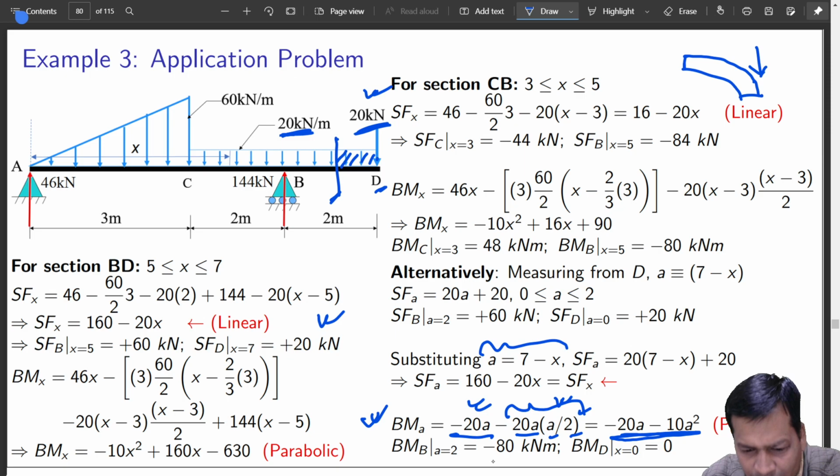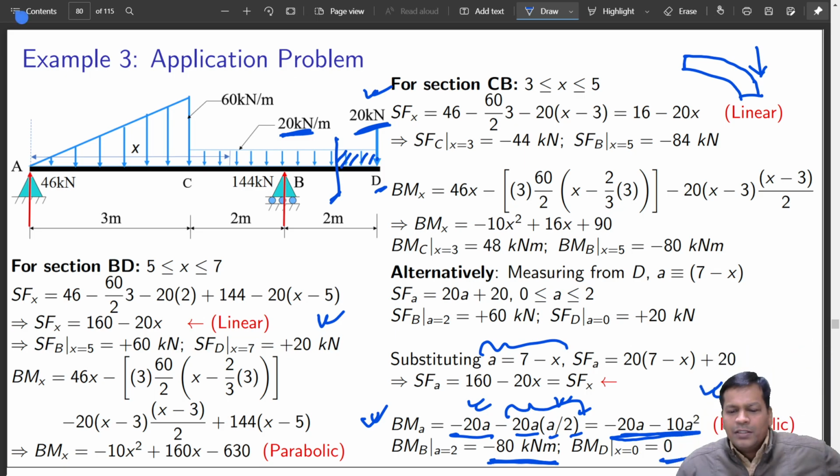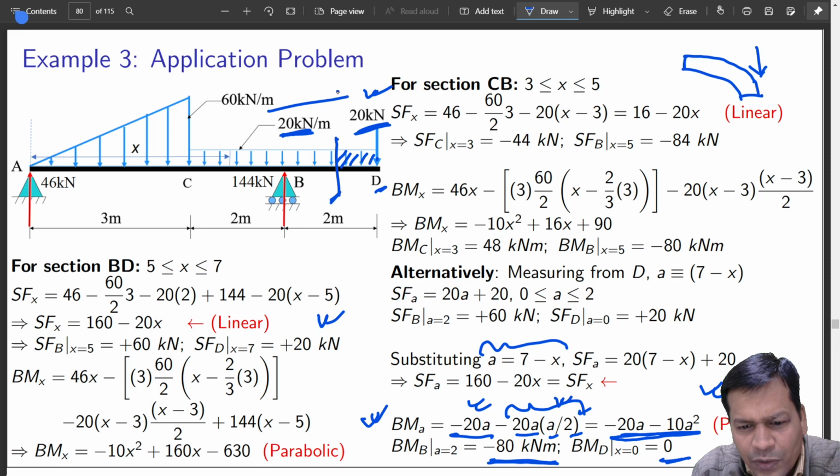So that gives me again 80 kilonewton meter, and bending moment at D should be equal to 0. Both of these arrive at the same value. So I would suggest when you see the loading is simple on the right side of it, you can always proceed from the other side.